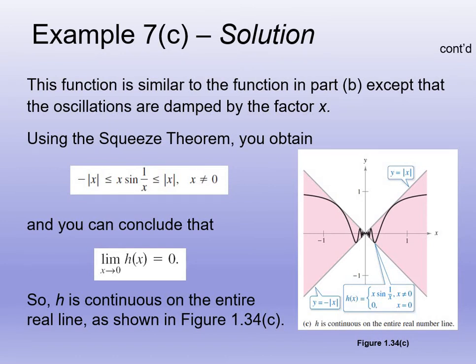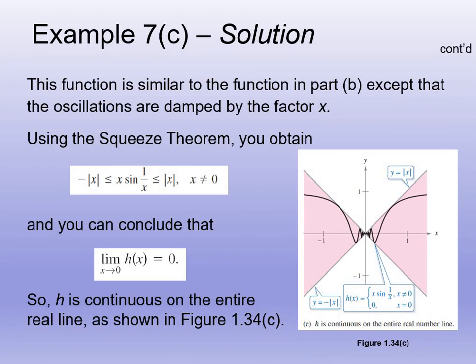Okay, so what we really need to understand here is very similar to the one we did before, but this one is dampened. This one's dampened because we have the x in front of the sine of 1 over x. So that's going to make the graph look slightly different as we go through this.